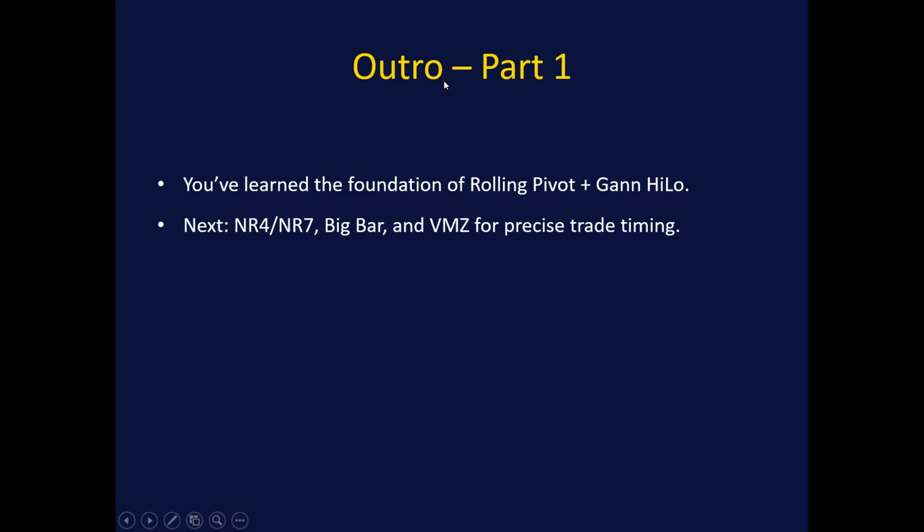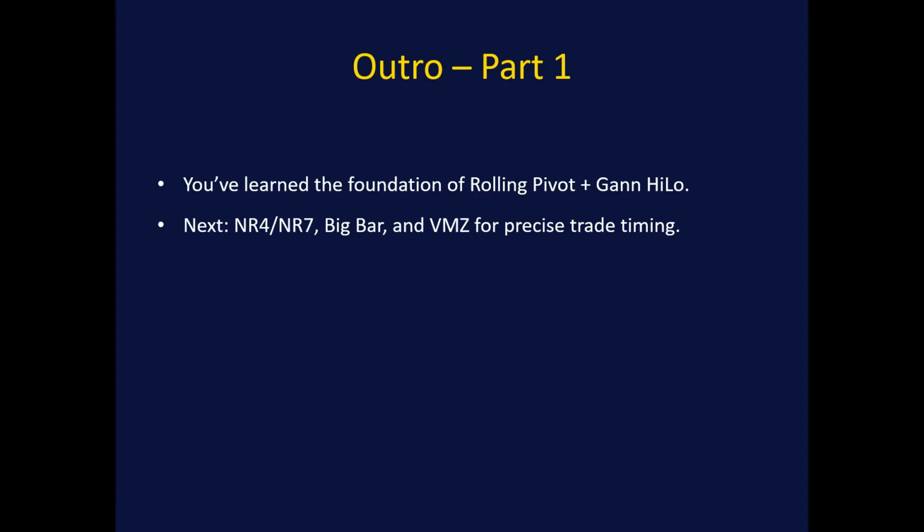So in this section, you have learned about the rolling pivot and Gann HiLo. So this is the foundation: rolling pivot for levels, Gann HiLo for trend structure. In the next video, I am going to add more precision tools.